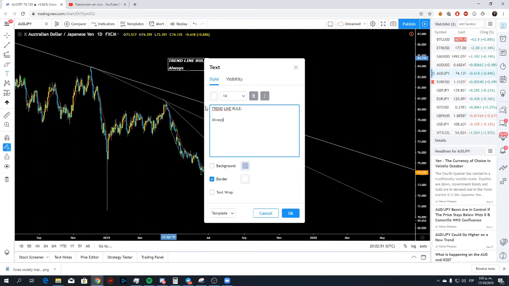Always draw it and make it pass through the top of a wick, not the body, not the middle of the body, not the top of the body. Always make the first and second point touch the top of the wick, right?